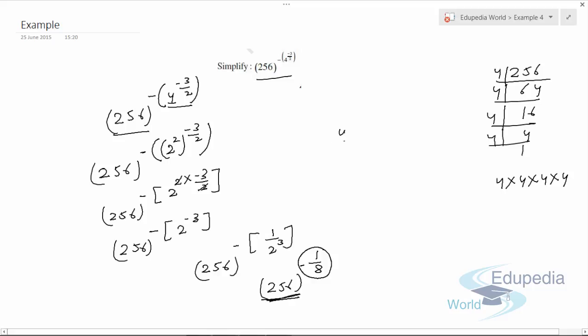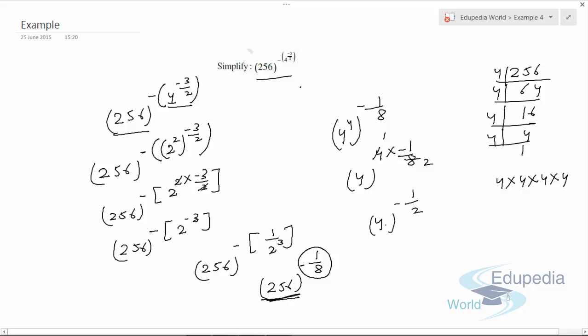So this will become 4 raised to power 4, whole raised to power minus 1 by 8. So this will become 4 raised to power 4 into minus 1 by 8. So it will become 4 raised to power minus 1 by 2.